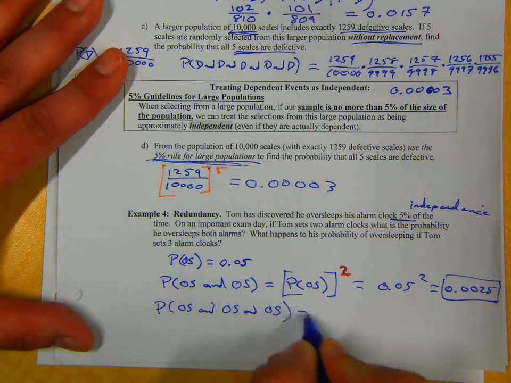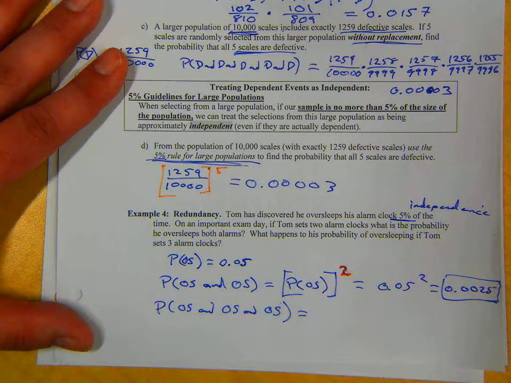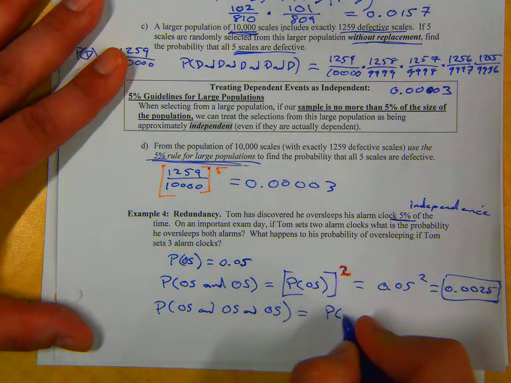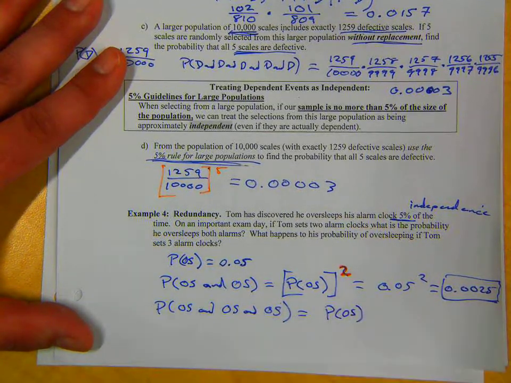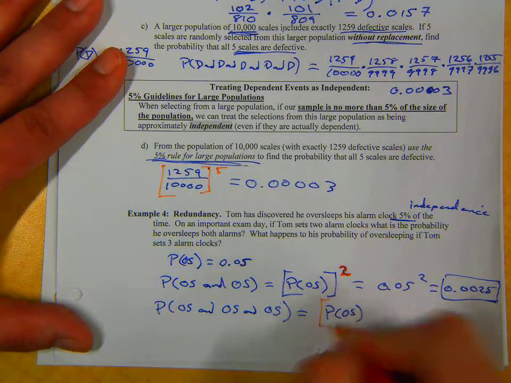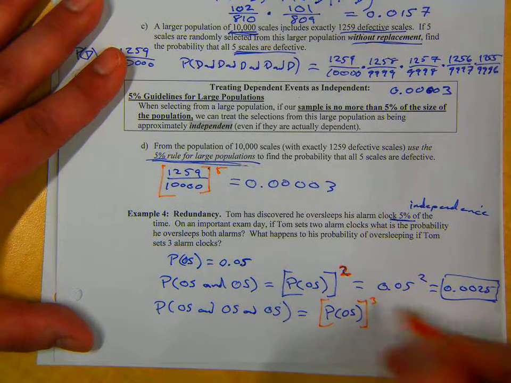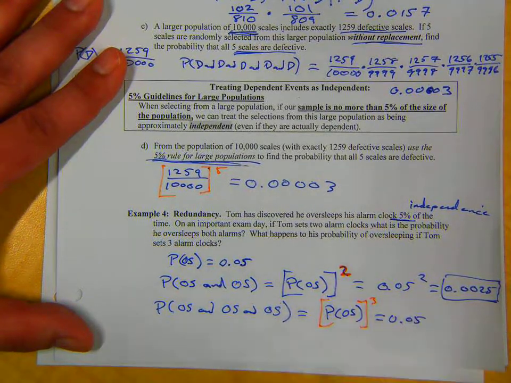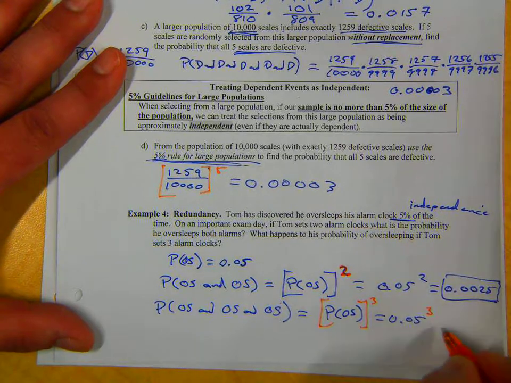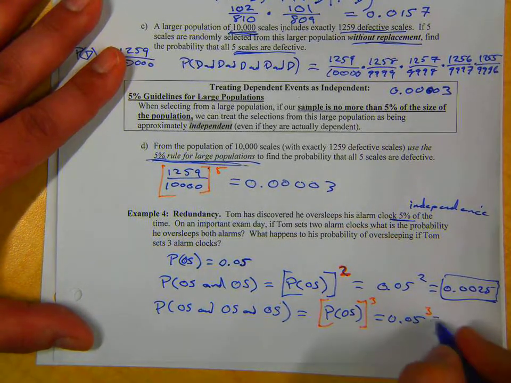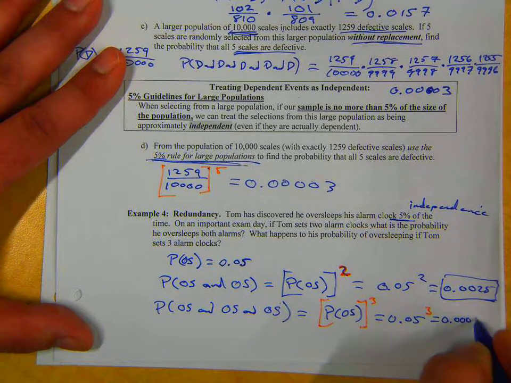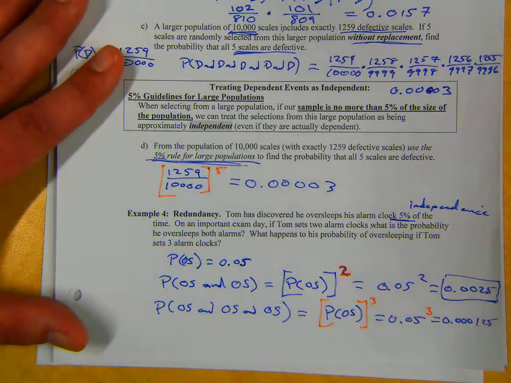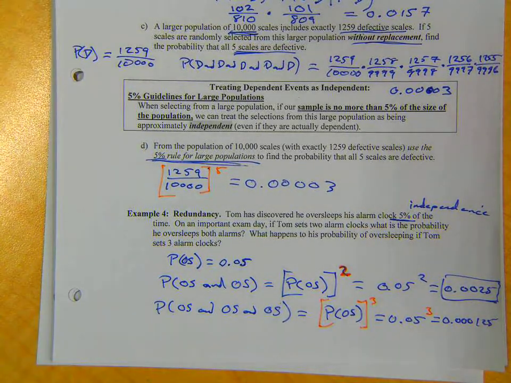That would be the probability that he overslept to the 3rd power, because he's got 3 alarm clocks now. 0.05 to the 3rd power, which would be, I believe, 0.000125. You can check on your computer.